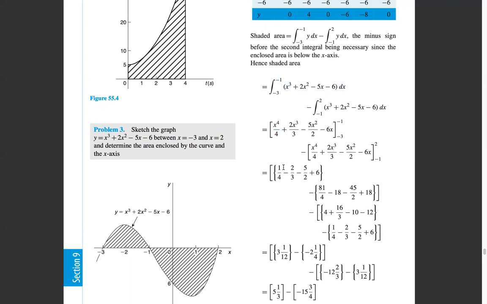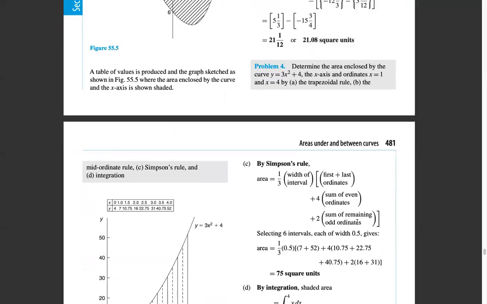Then you substitute -1 and subtract the result of substituting -3. And you just get a number. So integration in this sense is actually not so bad because you get to substitute numbers into a function and everybody knows how to do that. This is not hard, okay?